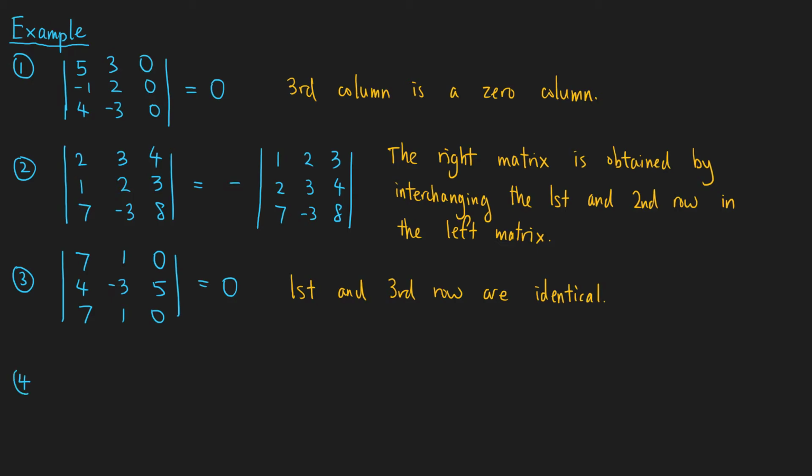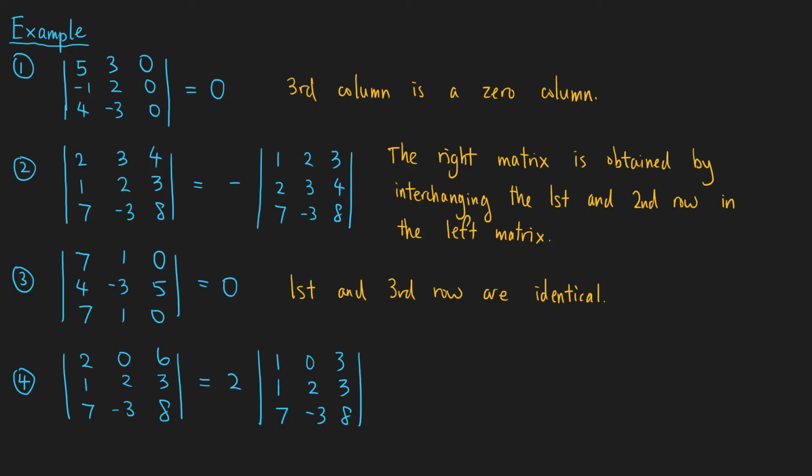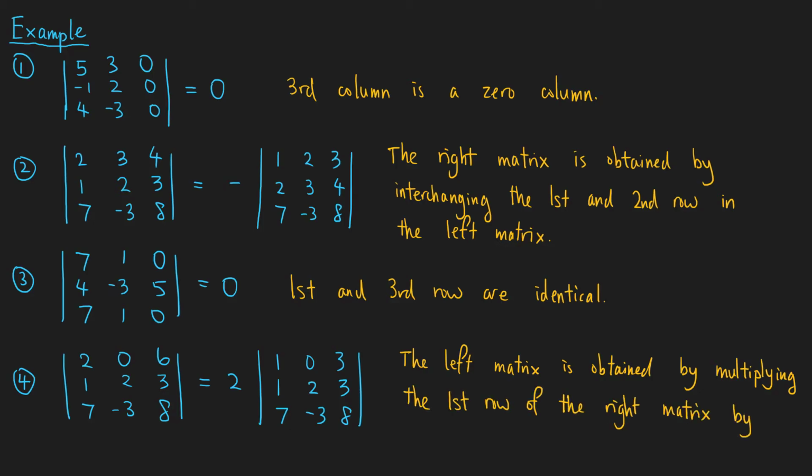For the fourth example, the determinant of 2, 0, 6, 1, 2, 3, 7, -3, 8 equals 2 times the determinant of 1, 0, 3, 1, 2, 3, 7, -3, 8. This is because the left matrix is obtained by multiplying the first row of the right matrix by 2.